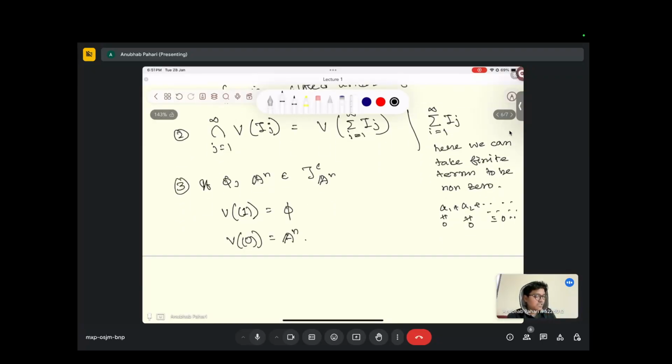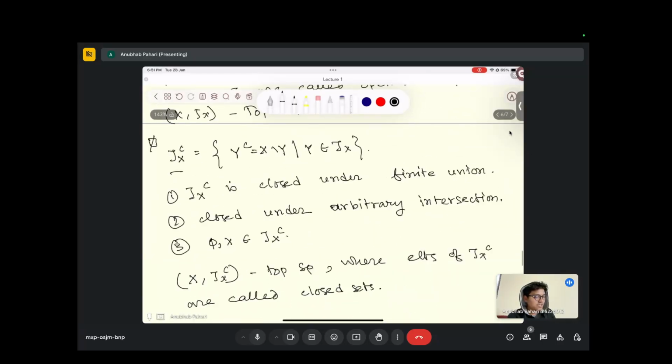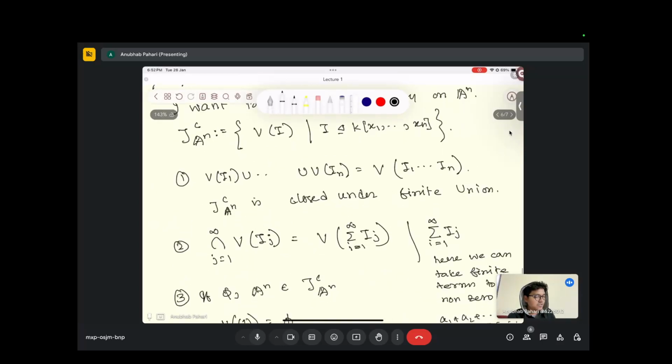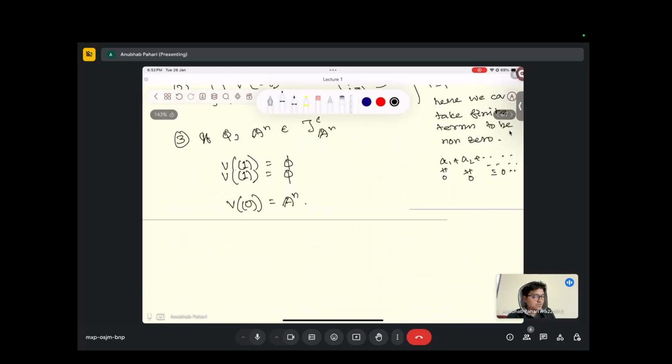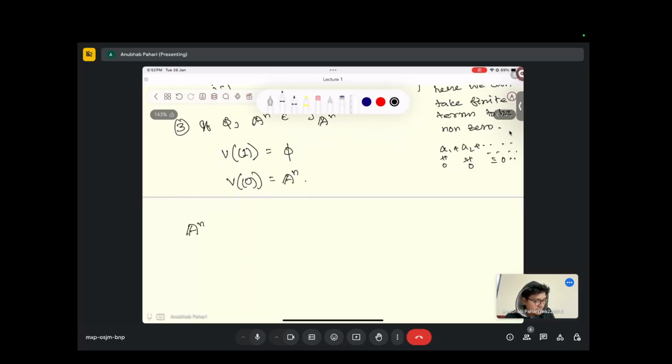So you see that all these three properties are satisfied by this set. So the collection tau C on A^n forms a topology on A^n.